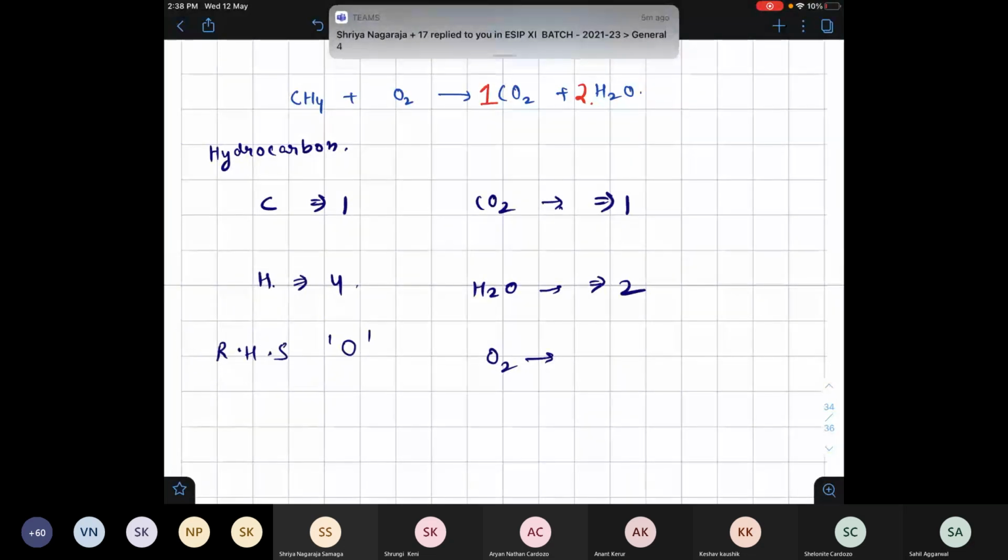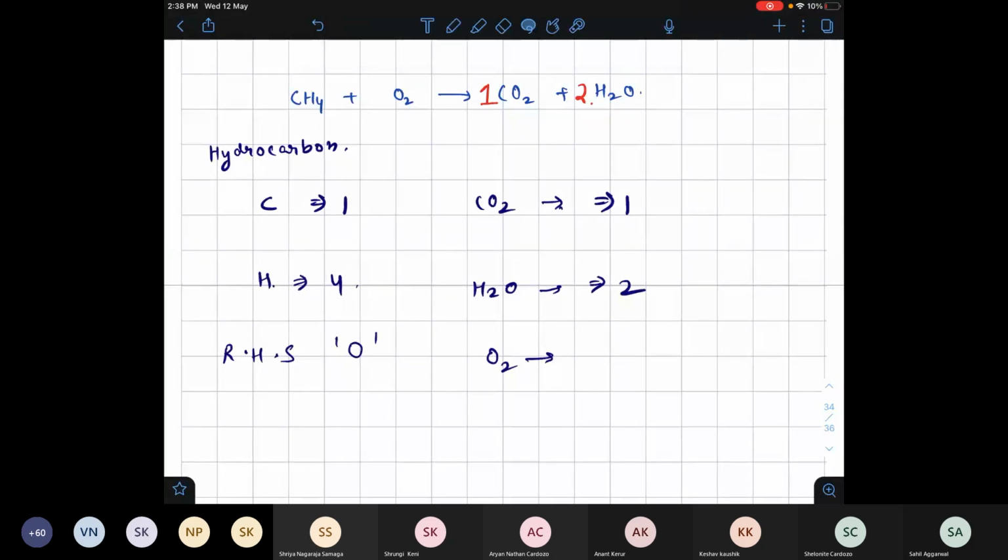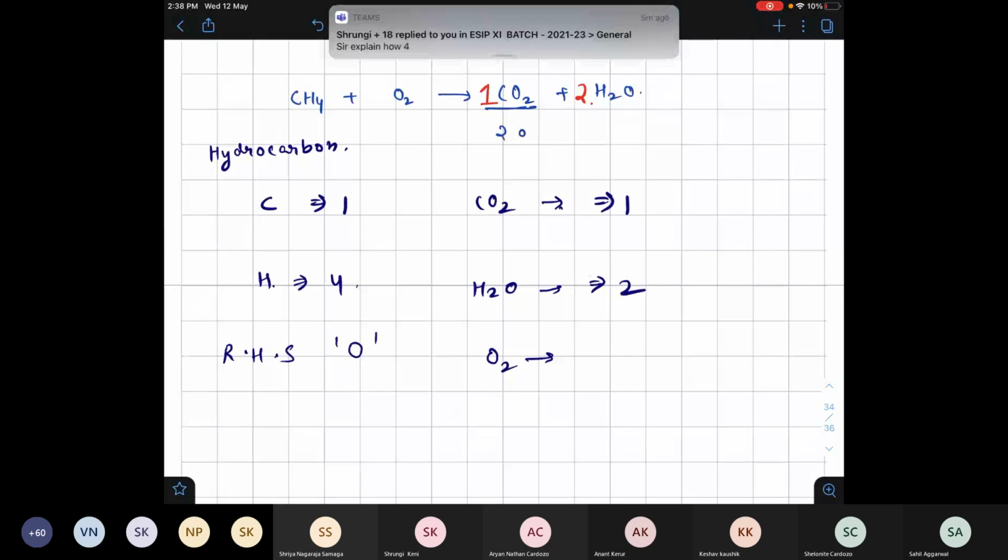See, one CO2 has 2 oxygen. Yes or no? One water has 1 oxygen. So 2 water has 2 oxygen. Yes or no? I got it. I can see the screen. Others can see the screen.